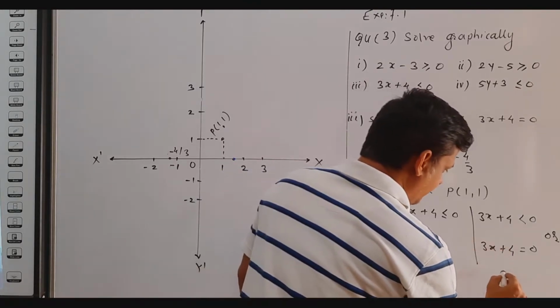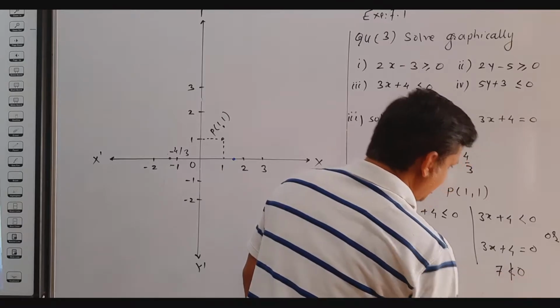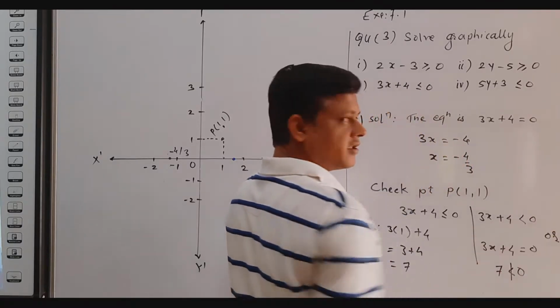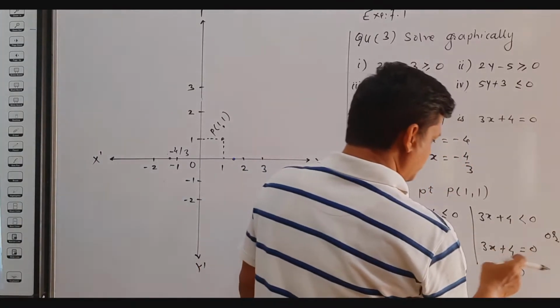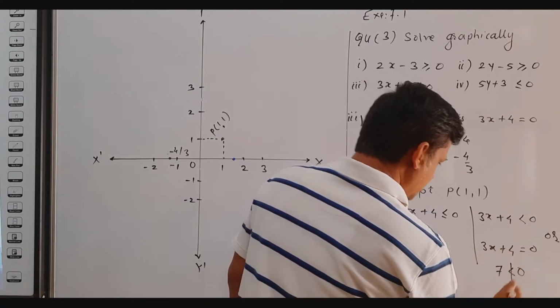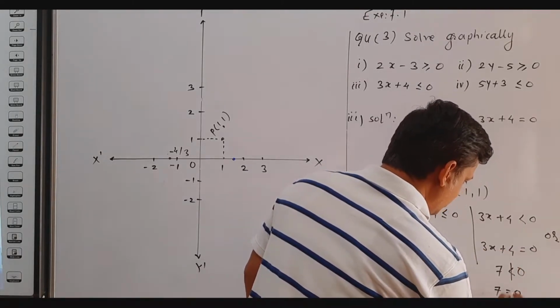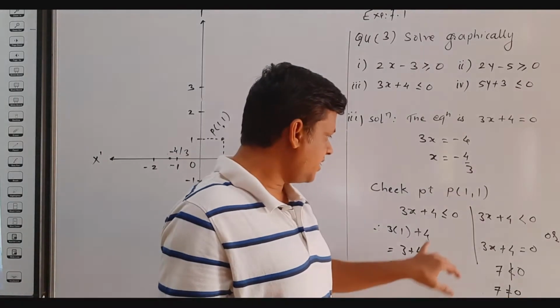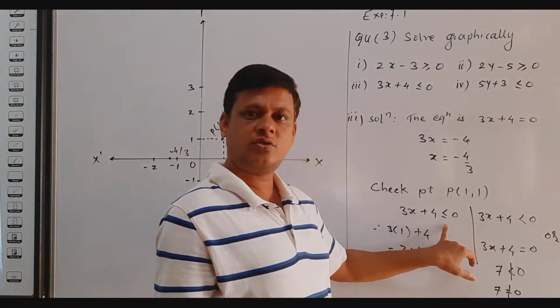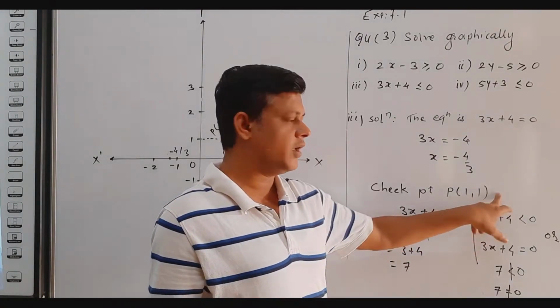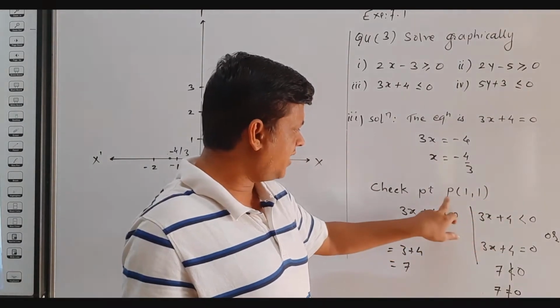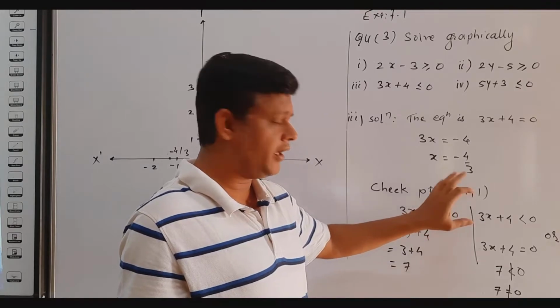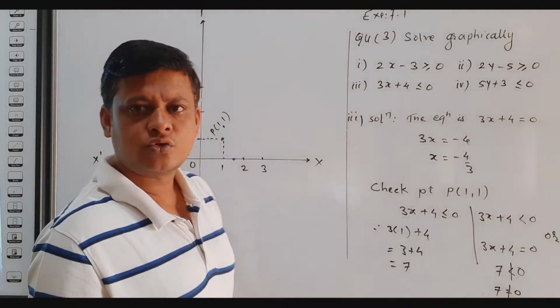Now we know that 7 is not less than 0, that means the first condition is not satisfied. Then we check the second condition, 7 is equal to 0. We also know 7 is not equal to 0, that means this inequality does not hold for the point P(1, 1). That means this point is not included in the solution region.